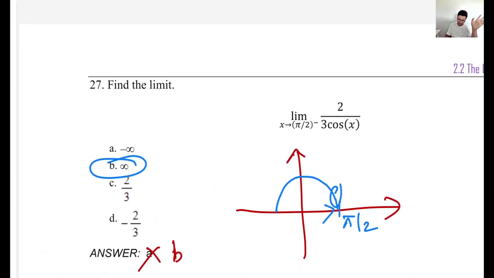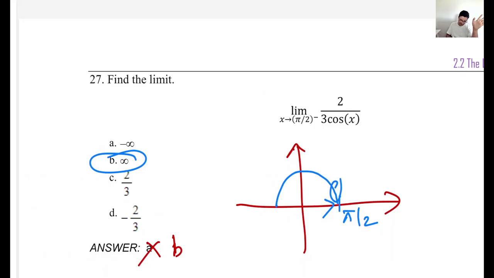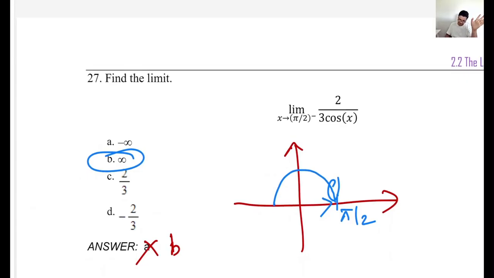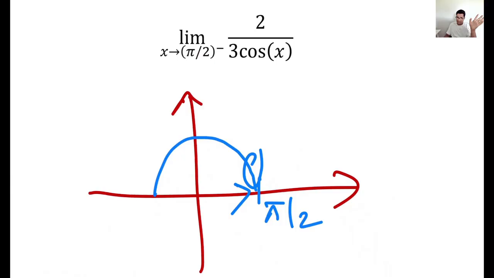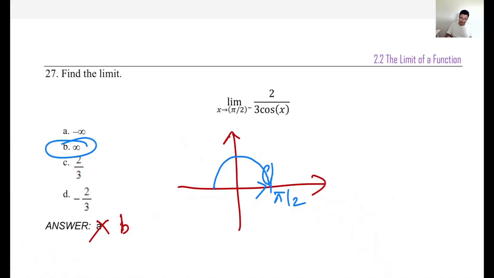Okay, so with the question as it is typed here, the answer should be plus infinity, and I was justifying that here. As you approach from the left, cos 90 degrees from the left will be positive 0, not negative 0. Okay, right?